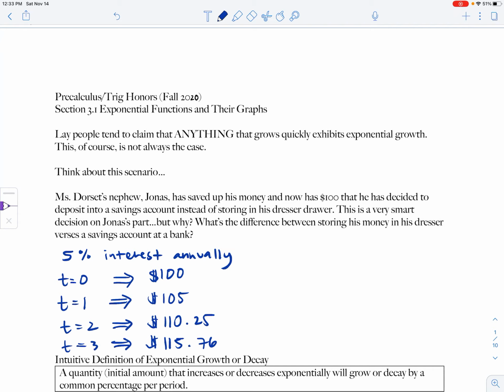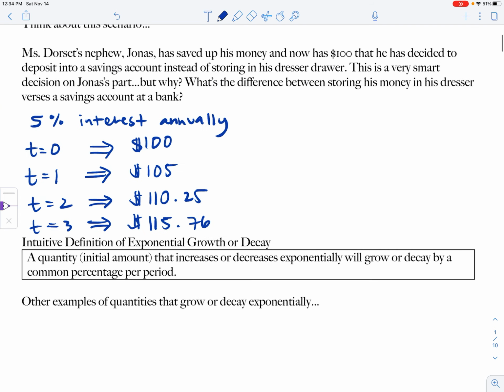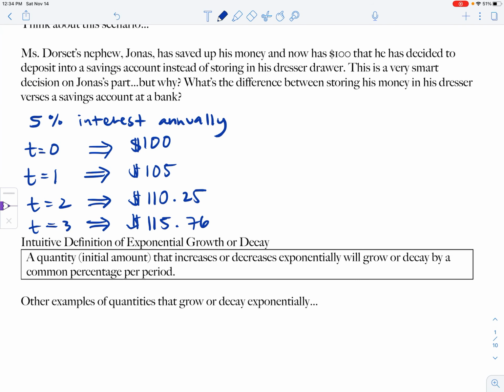At first it's kind of slow, but then once his money starts getting to larger and larger amounts, it's going to end up making more and more money. So that's why it's a smart decision for Jonas to put his money in the savings account instead of putting it in his dresser drawer. And his money is actually exhibiting exponential growth.